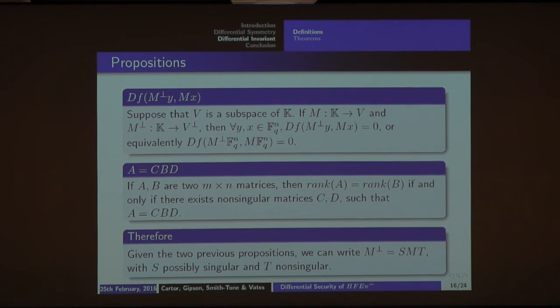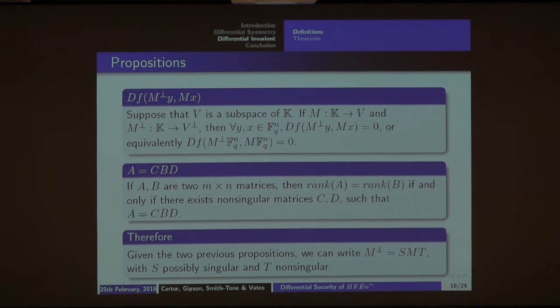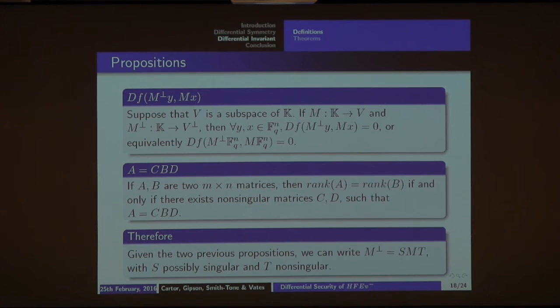So some small propositions that we needed before we get into some of the theorems proven within our paper. Suppose that V is a subspace of K. If M is from K to V and M perp is from K to V perp, then for all X and Y within FQ^n, the differential calculated at M perp Y and MX is equal to 0. Or equivalently, you have the following expression for the differential.